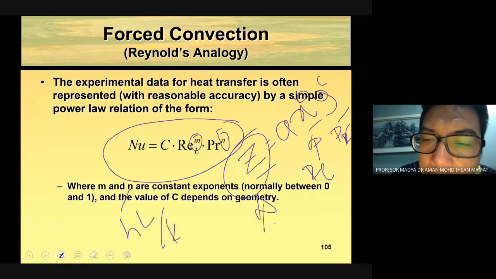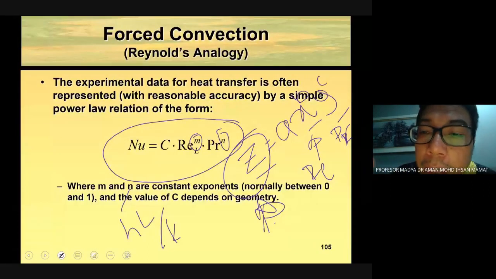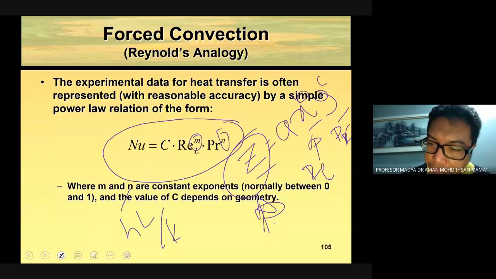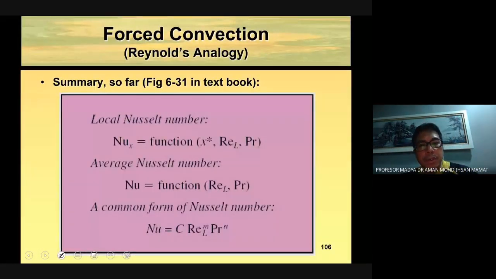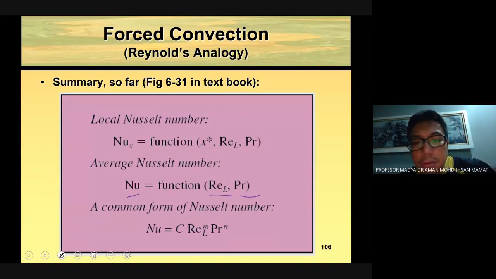So this is also a parameter. This is a parameter correlating one parameter to another two parameters. So the Nusselt number is a function of the Reynolds number and the Prandtl number.